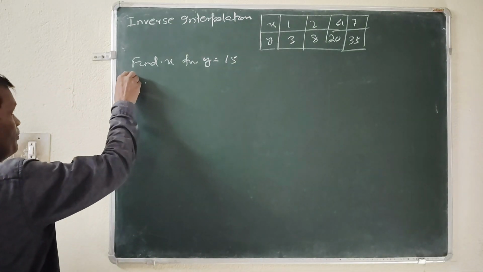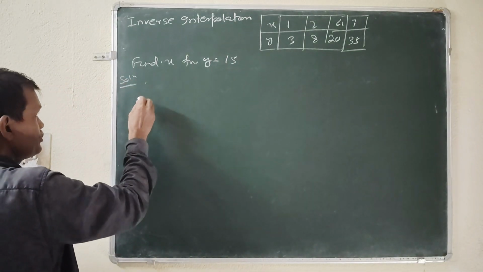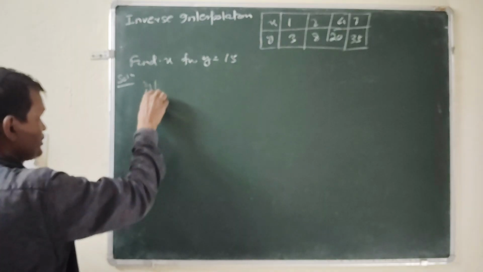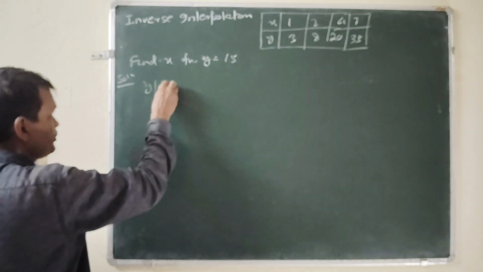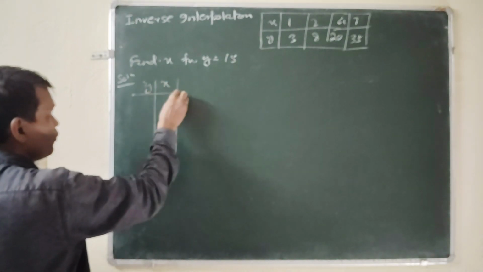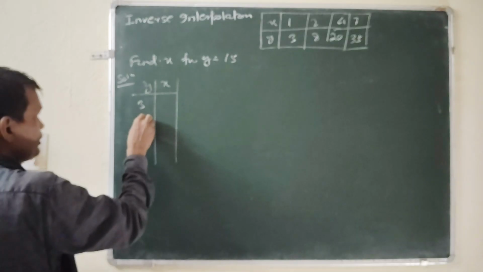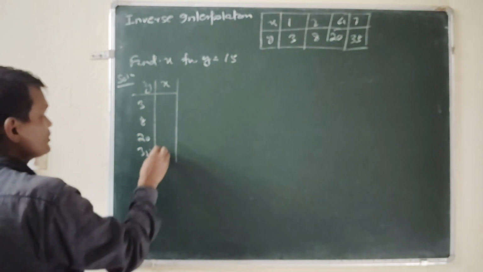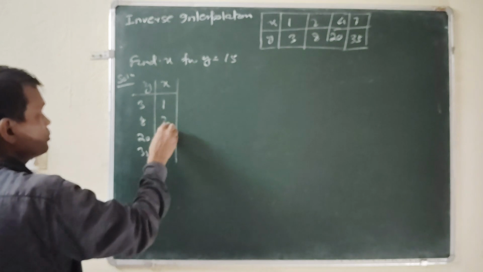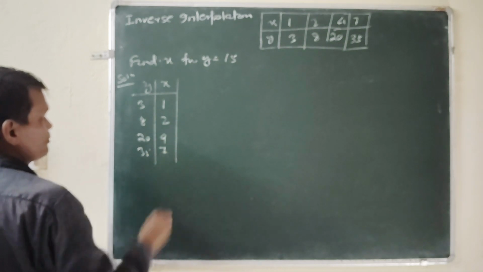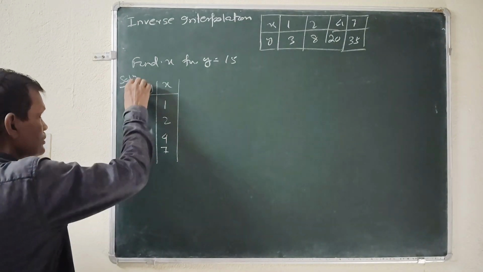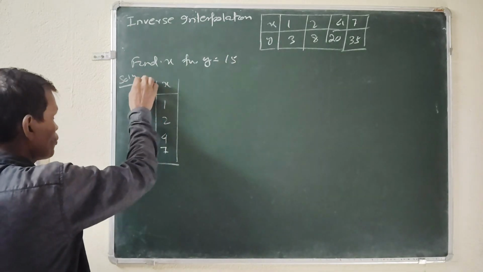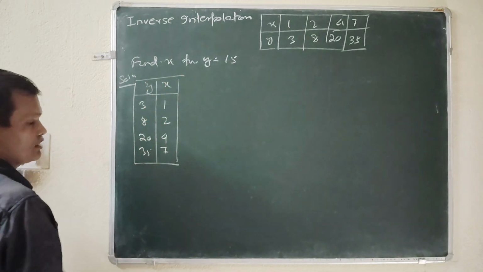Solution: first you write y in the first column, next column you write x. What is y? y is 3, 8, 20, 35. What is x? 1, 2, 4, 7. For the time being we consider y as the independent variable and x as the dependent variable.